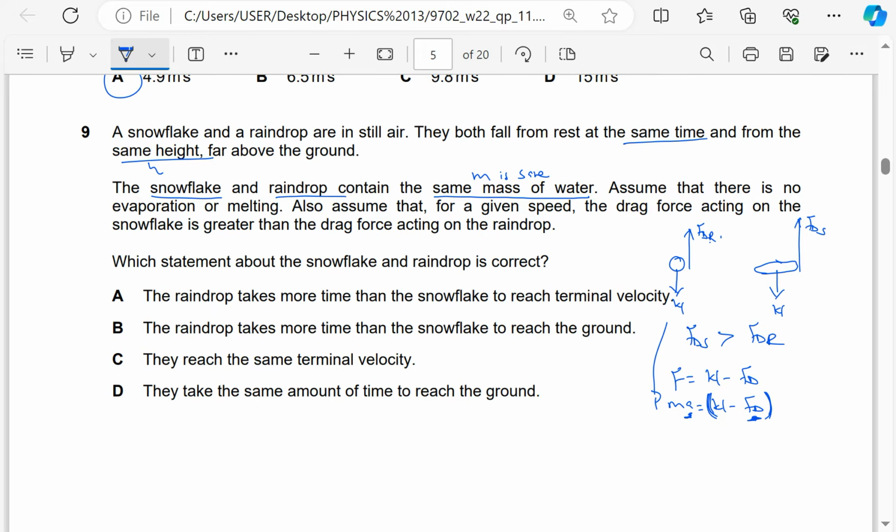Then, oh no, Fd is bigger for the snowflake, Fd is smaller for the raindrop, so it means this is a bigger value. So if I compare the second one, MA is equal to W minus FD, let this be S, this is R. This value here is small, which means the acceleration is small.